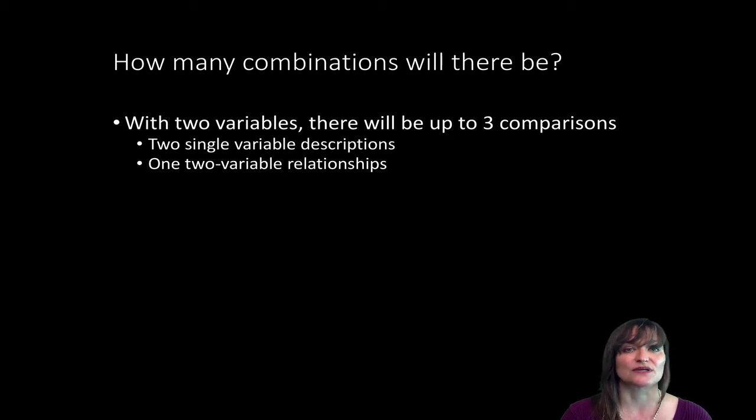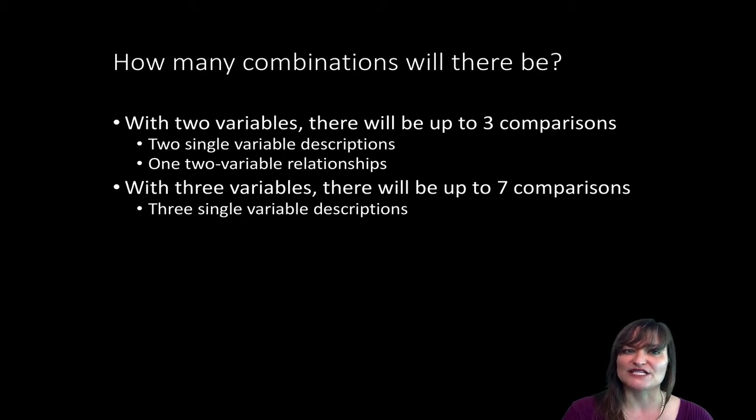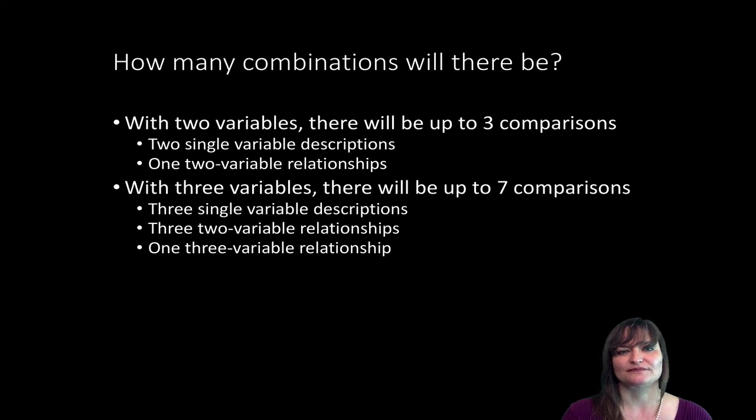Three comparisons in total. With three variables, there will be up to 7 comparisons. You'll have the three single variable descriptions, and then the two variable relationships, A, B, A, C, B, C. It looks like there'll be 3 of those, and then a single 3 variable relationship.